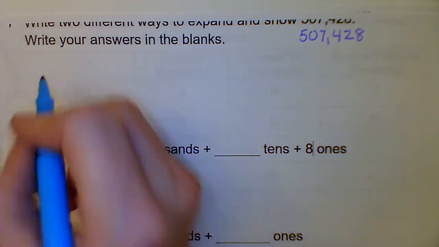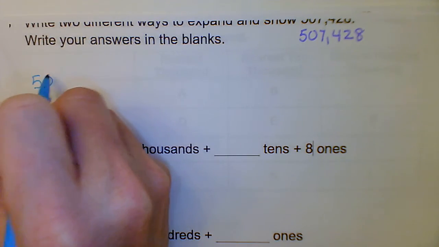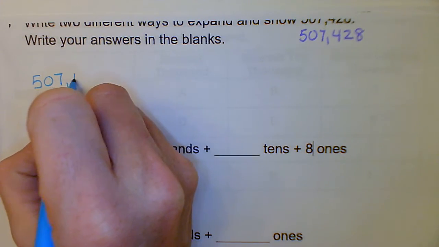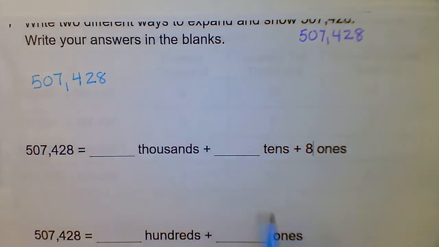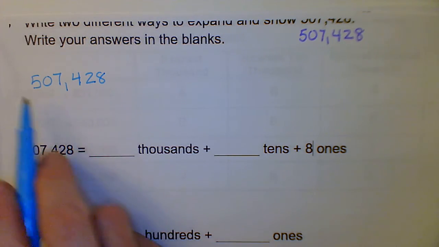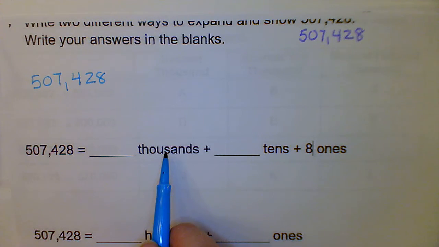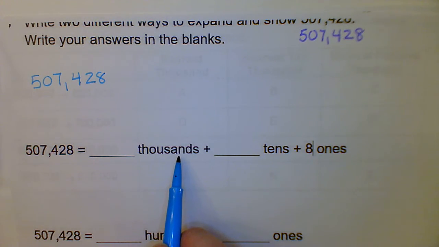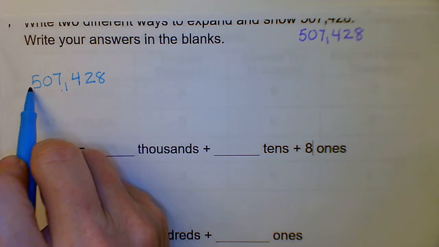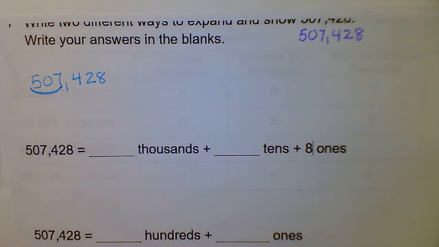So I'm going to take this number. I'm going to write it. 507,428. Now, if I want to take the beginning of this and turn it all into thousands, I can do the scoop method. What I do is I find the digit that's in this place value, which is the 7, and I'm going to scoop. So we're doing scoop first.